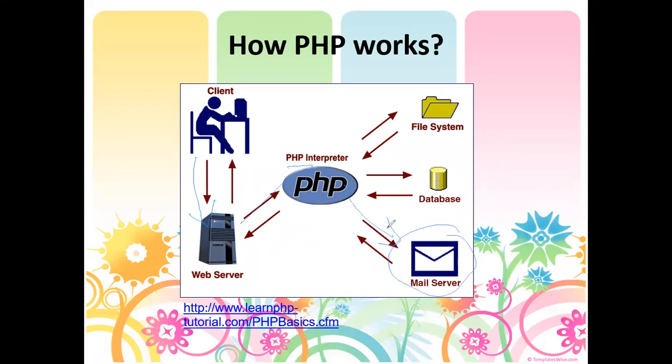Let's say her mail server is Gmail, Google Mail. In that case, the Google Mail server will be accessed. Afterwards, the PHP interpreter will transfer the file to the web server and back to Catriona. So that's what happens when an end user would like to access his or her files on the web using PHP.